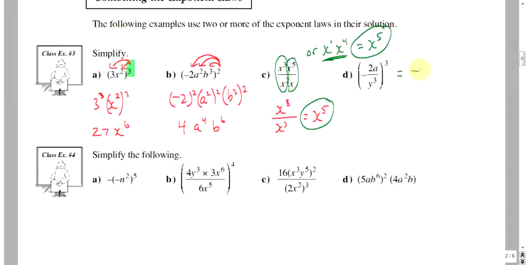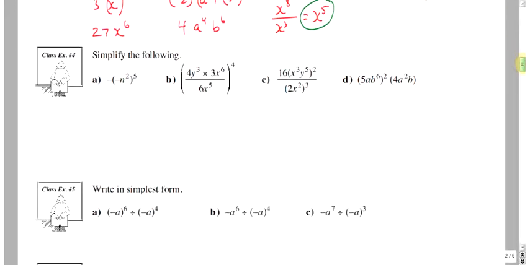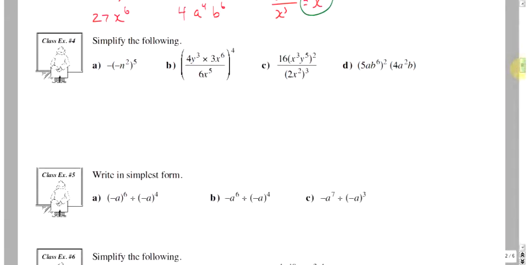It's a minus, right? 2 times 2 times 2, a times a times a cubed, over y cubed times y cubed times y cubed. If I got a power raised to another power, I multiply these two numbers, that's y to the 9. And that's all I can do. Okay? How many more do we need, guys?